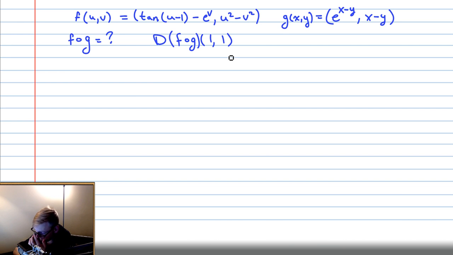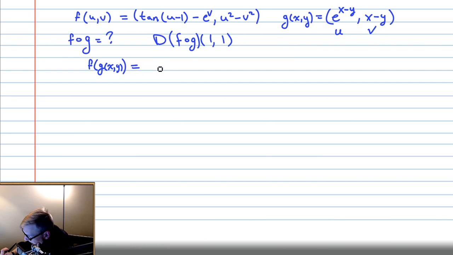So we're just doing composition and derivative of the composition. Not too big of a deal. So f of g, so g inside f, otherwise known as f of g of xy. I'm going to plug in g of xy. For every u, so this would be our u value and this would be our v value, we're going to plug in e to the x minus y.